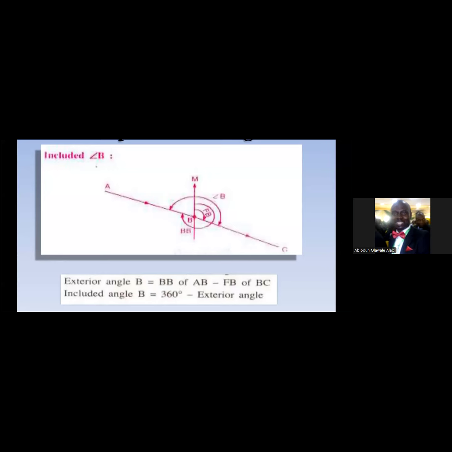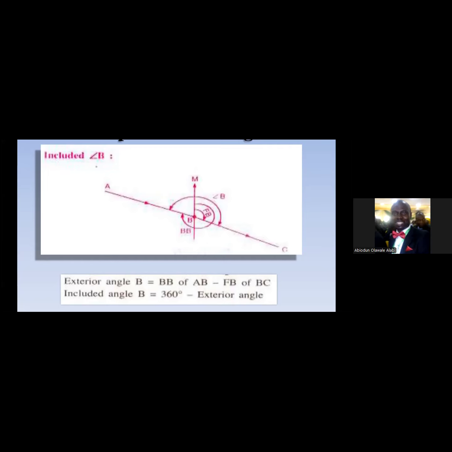I hope this explanation is clear to you. We are not in class where I can fully explain this for you, but I hope this is understood. Now, the included angle of B is 360 minus the exterior angle, because the sum of angles at a point is 360.